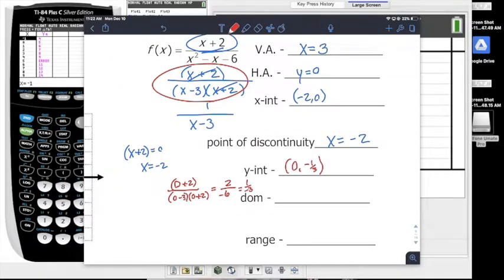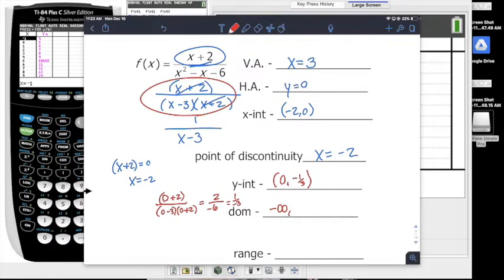And then domain and range. Since there's that point of discontinuity, hang on, I wrote this wrong. We're going to go from -infinity to -2. You want to do that first number. From -2 to 3 for the next set, and then from 3 to infinity.